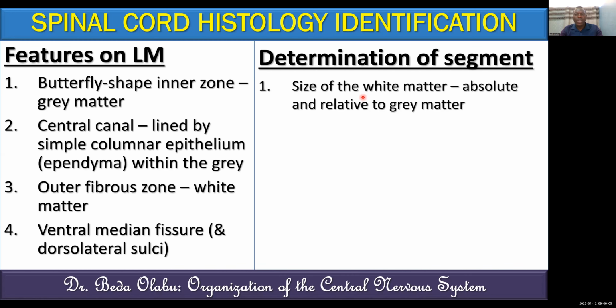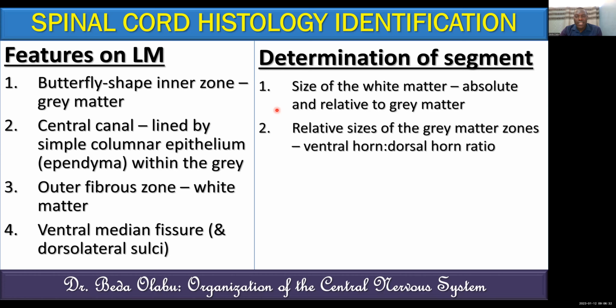Even T1 will have a lot compared to T12, they're all thoracic. C1 will have a lot compared to C7, they're all cervical. It therefore requires that you train your eye to be seeing the spinal cord and determine what exactly is a lot. And this is important also to be comparing the gray matter in that region.